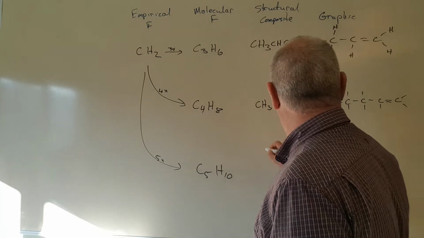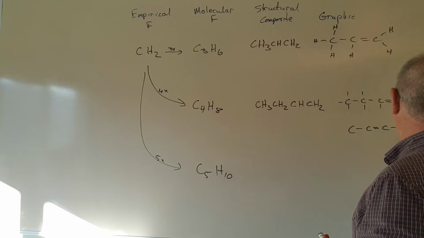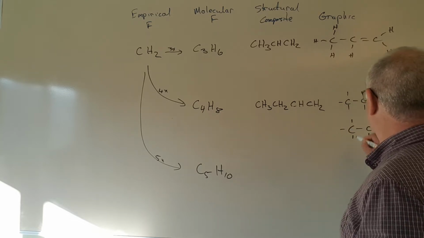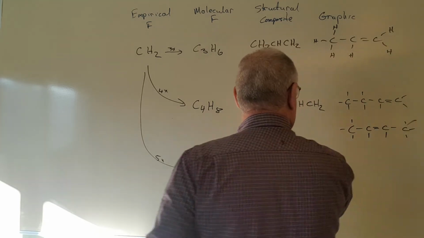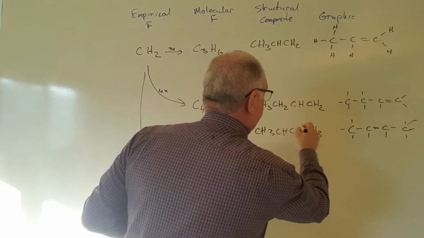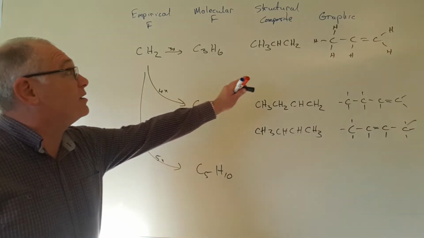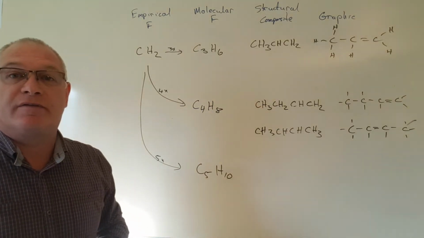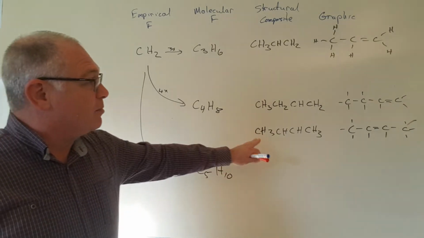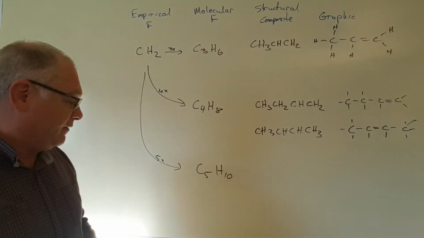It could be that we have this type of structure, CH3, CH, CH, CH3, still 4 carbons and 8 hydrogens. So the structural formula gives us a little bit more information. And of course, the bigger the molecule, the more complex it becomes, the greater the number of variations that we can have.